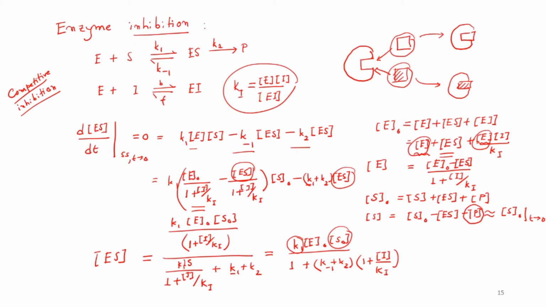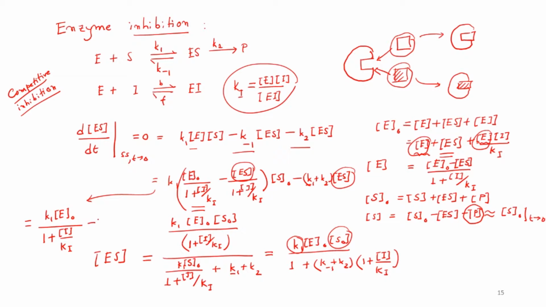As you can see, this term for ES, maybe we can write it clearly in one more step. First write the constant term. It is K1 into E0 divided by 1 plus I divided by Ki, and then I'll have all the ES terms.